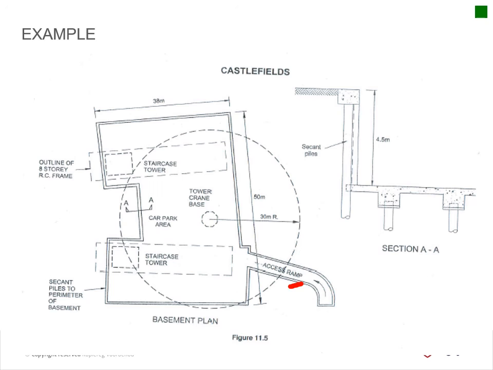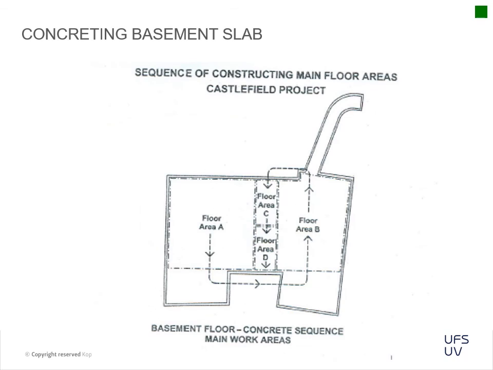That's the one example. And then they've got the second example, which is just the concrete pour itself. They just show how they're going to do the sequence of the construction of the main floor area. So they've progressed up to the ground floor, and then they just show how they're actually going to pour their ground floor from the one side going to the other side, and then the permanent access to the basement via this section.